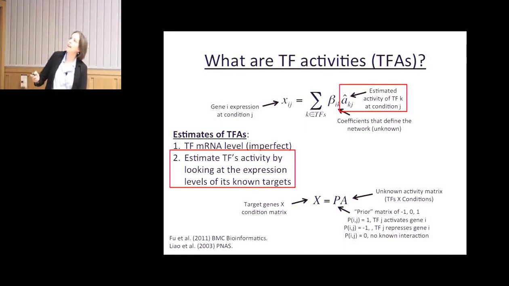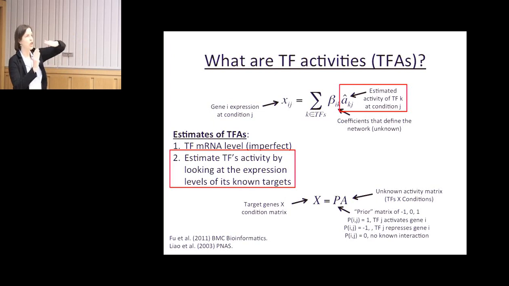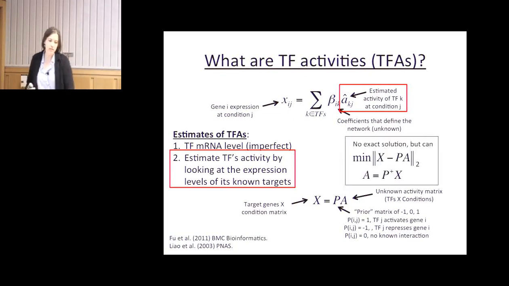The prior is basically a table where you have transcription factors versus target genes, and a 1 would indicate a positive interaction, 0 no interaction, and -1 an inhibitory interaction. And then, this doesn't have an exact solution, but using least squares approximation, you can solve for A, the activities, and then plug back up in here, and then use the Inferelator BBSR to solve this.